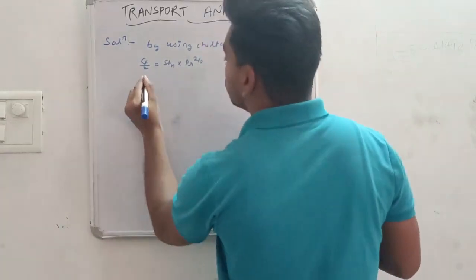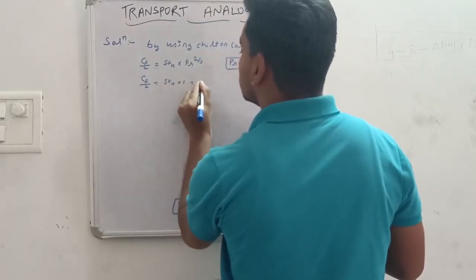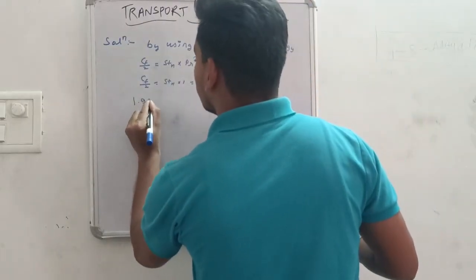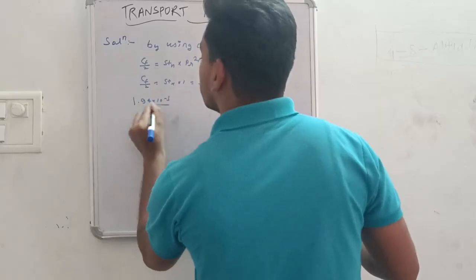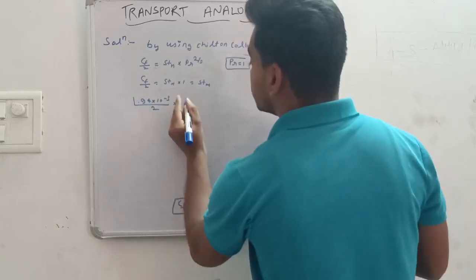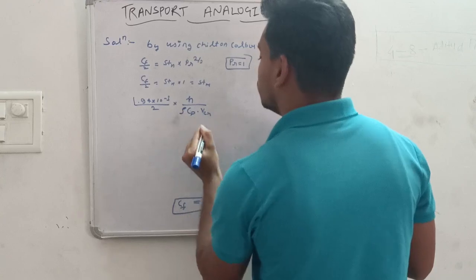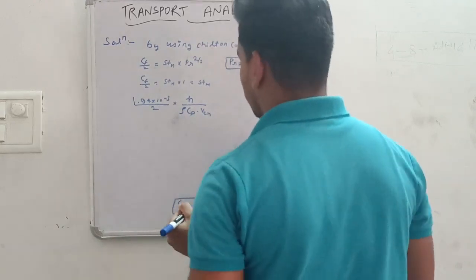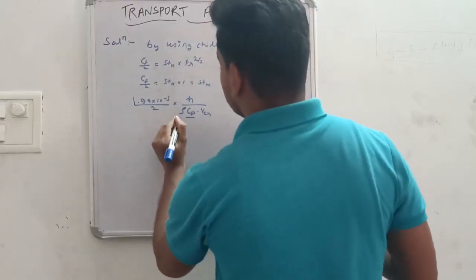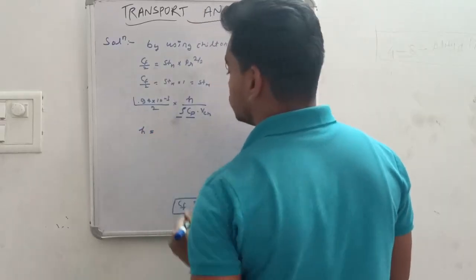So this term is directly Stanton number for heat transfer into 1, which is same as Stanton number for heat transfer. So we will put the value of CF here: 1.94 into 10 to the power minus 3 by 2, and we'll open the formula of Stanton number for heat transfer, H by rho Cp into V infinity. We know the value of V infinity, which is velocity of air, and the heat capacity and density. So from here we will calculate the value of H, which comes out.